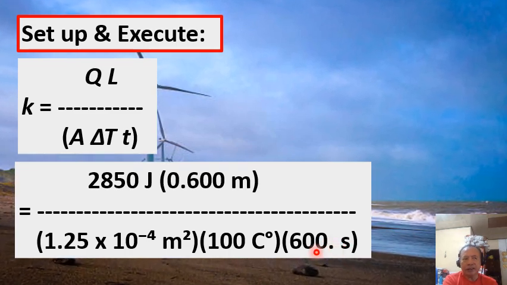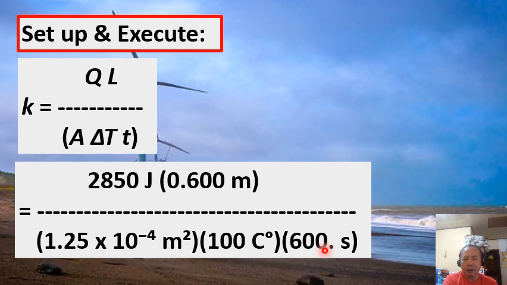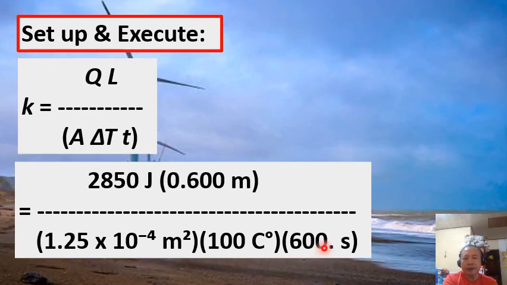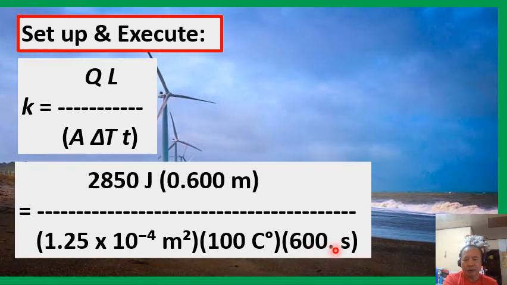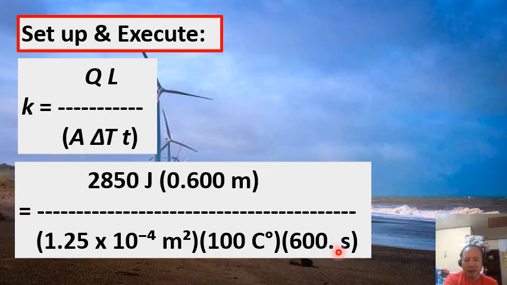This is the time it takes for the given amount of ice to melt. This is actually 10 minutes, and that's equivalent, of course, to 600 seconds.